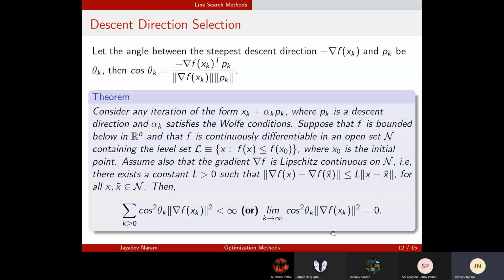Using this, we will be looking at some other algorithms where we can prove the optimality results which we usually know. So this is a general result regarding line search methods.